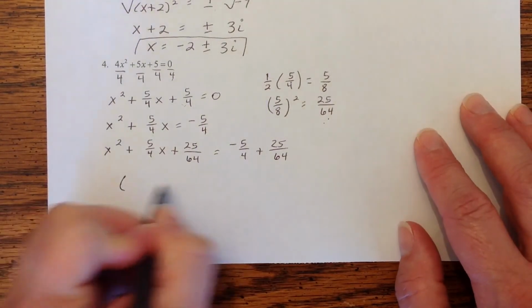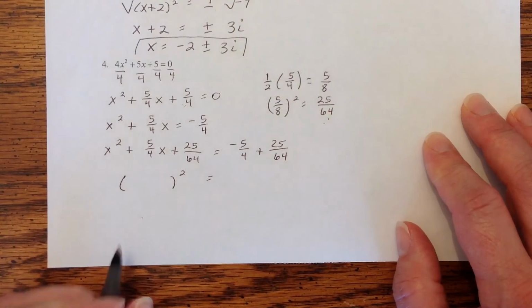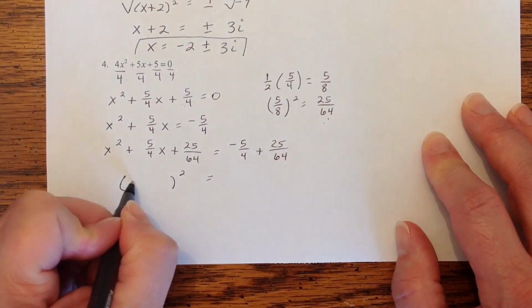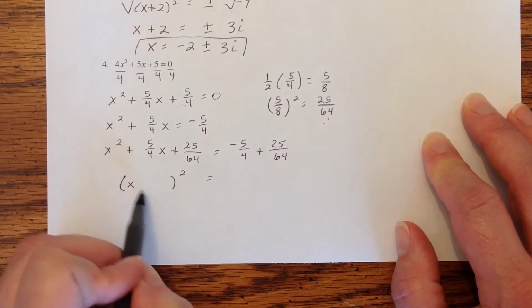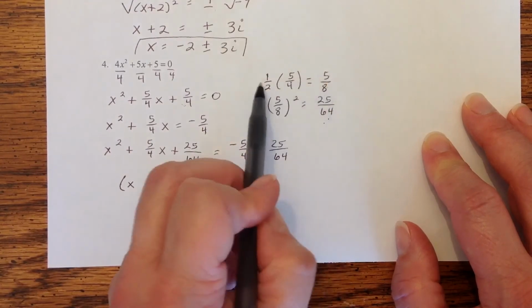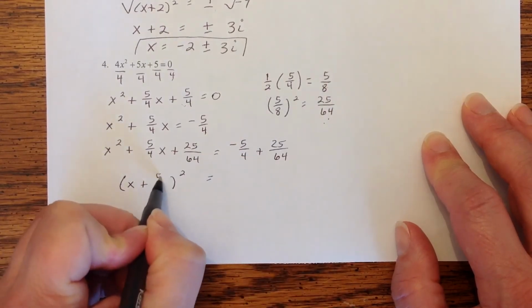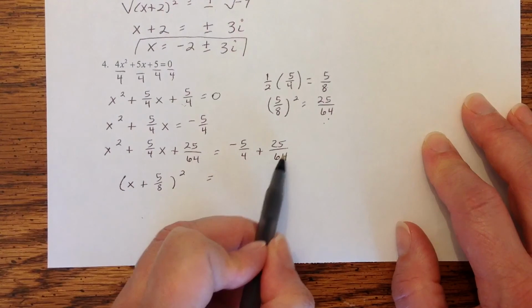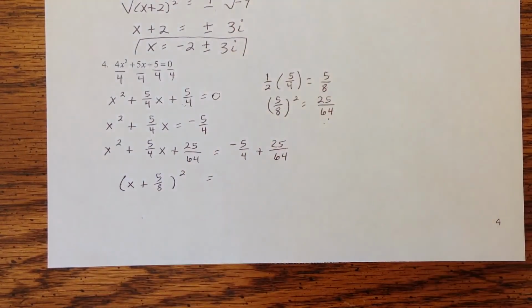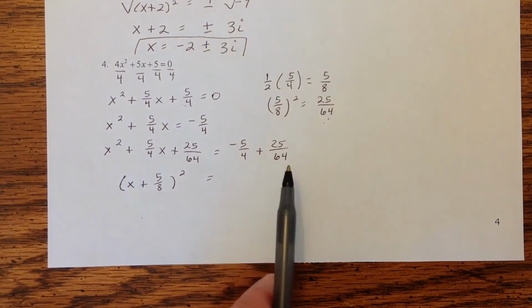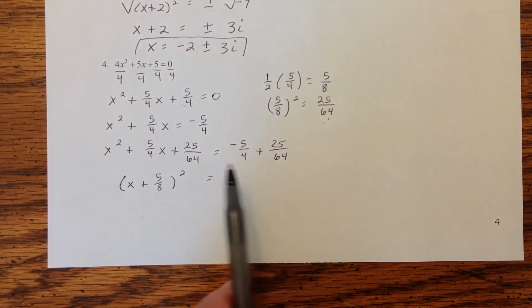This trinomial factors into the same expression twice. It's always the same rule. The x squared becomes x, and the number that goes inside is what you got when you took half. So plus 5/8. Now to add these fractions, we dare not forget that we need an LCD. So my LCD is 64.